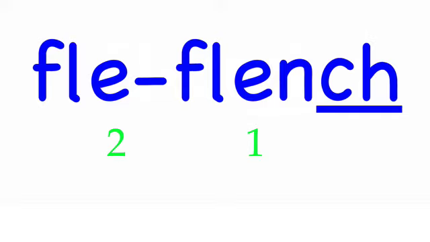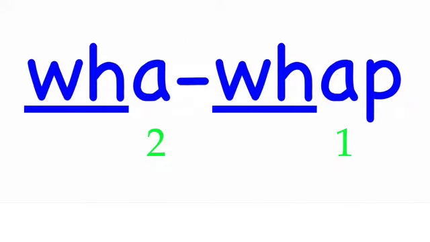The next word pair. In this word pair, each of the words will contain a consonant team. Way, wap. Way, 2 sounds, W-A. Wap, 3 sounds, W-A-P. Way, wap.